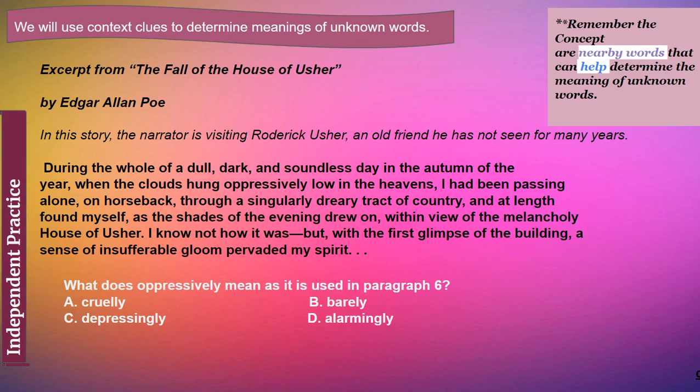Okay? And you guys have a little bit of independent practice. If you want to try on your own, I'm going to just go through quietly so that you can try on your own. And then we will do this in class. This is an actual example of what you will see on your EOC. Okay? I've taken this from an example of EOC.